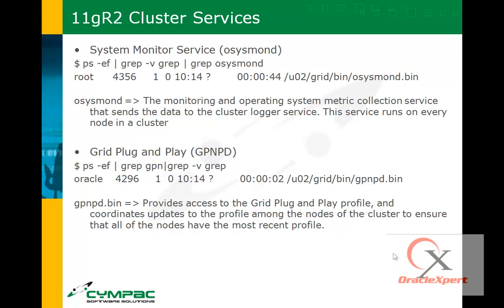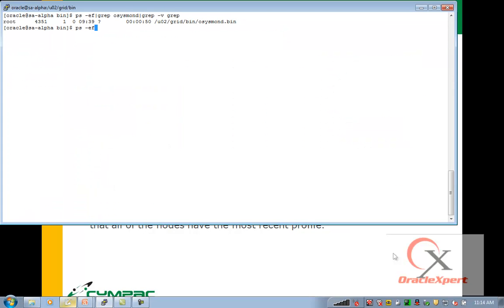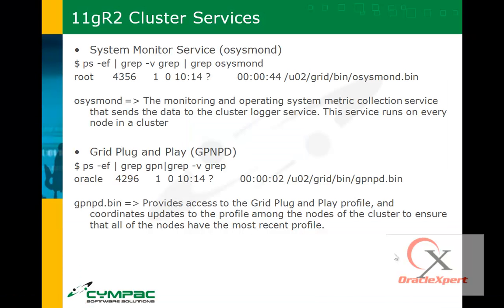The next one is the Grid Plug and Play Daemon, GPNPD. This is the daemon. It is indeed very important. Grid Plug and Play provides access to the Grid Plug and Play profile.